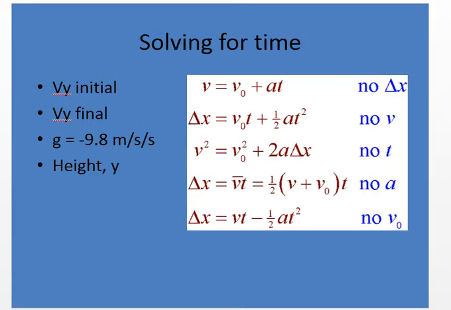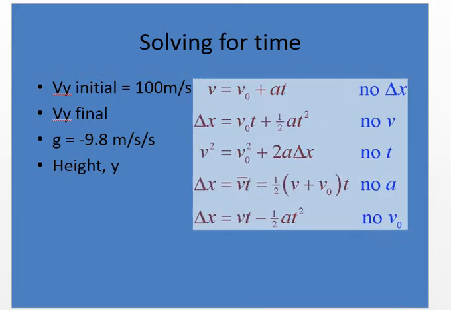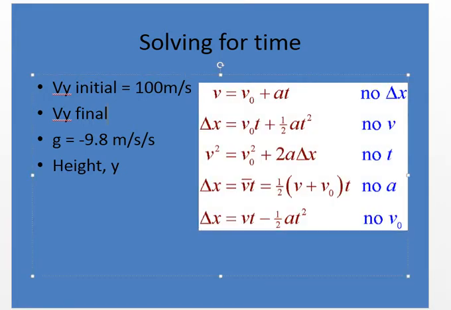For finding the time, right, I want to know the whole time that it's in the air. And most people knew that it started out at 100 meters per second, but what you guys made mistakes with is you forgot that right before it hits the land, we're not talking about after it hits the land, we're talking about right before it hits the land, it has a velocity of negative 100 meters per second.